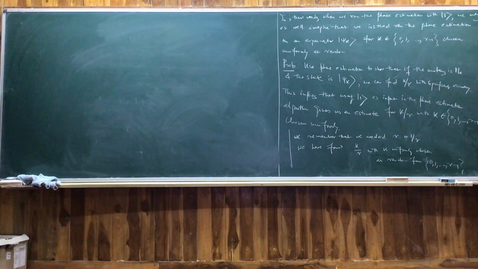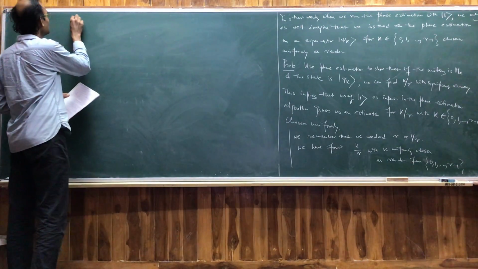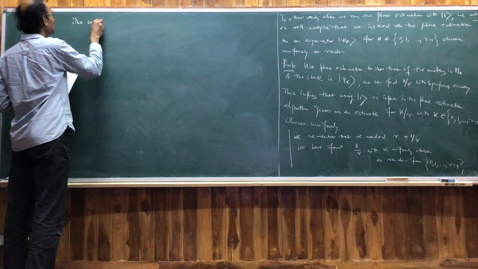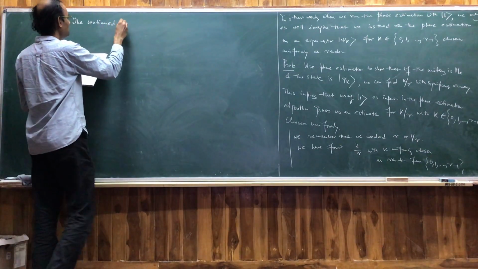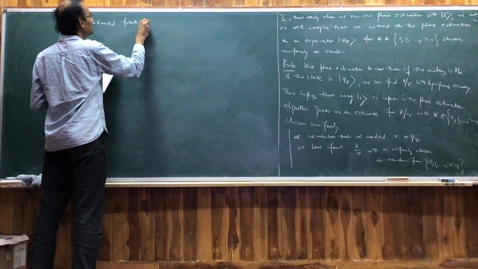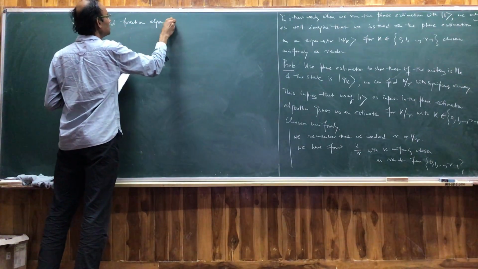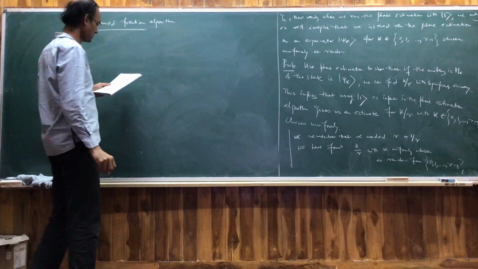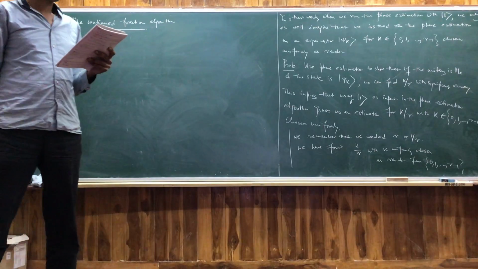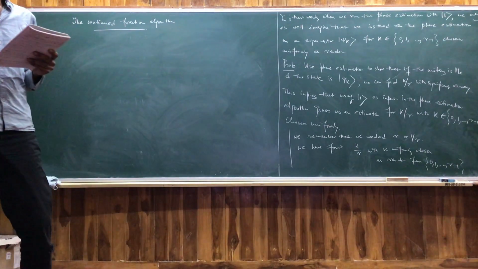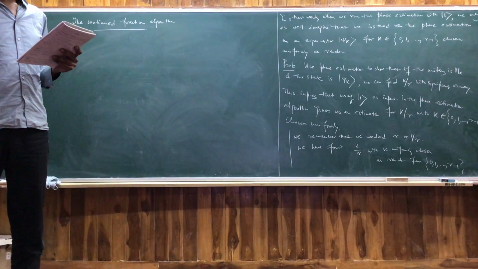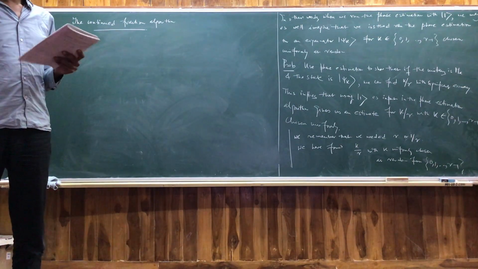So to go further, we have to consider some new terminology once more. There is something you may already know, something called the continued fraction algorithm. I mean, the classical algorithm, something in arithmetic.